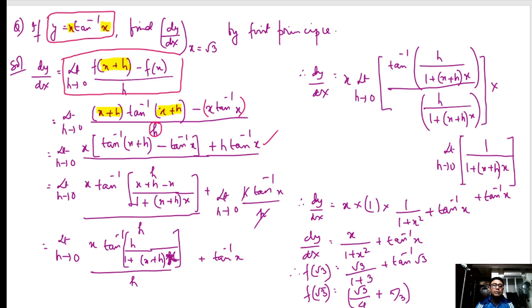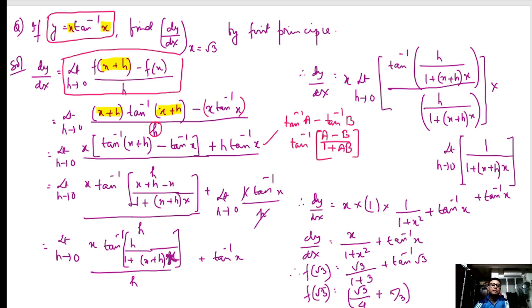Okay, so now this is tan inverse a minus tan inverse b. Please watch here. Tan inverse a minus tan inverse b, the formula is tan inverse of (a minus b) by (1 plus ab).